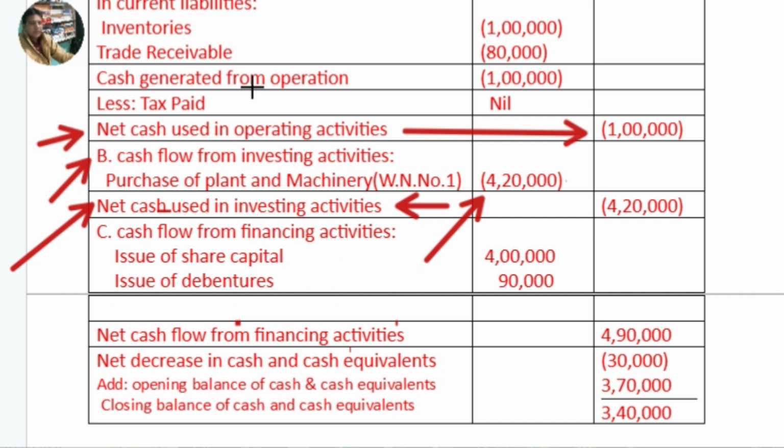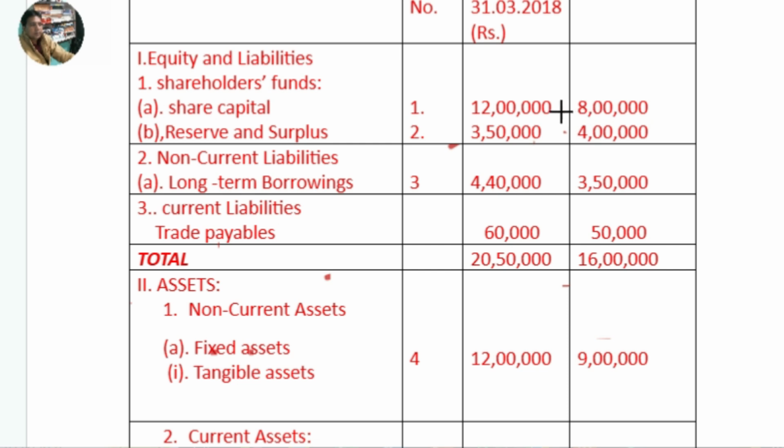Next, cash flow from financing activities. Under financing activities, the balance of share capital increased. So share capital balance from 2017 to 2018 went from 8 lakh to 12 lakh. So 4 lakh balance of share capital increase, so it is inflow of cash. And here long term borrowings from 3,50,000 to 4,40,000 increase.